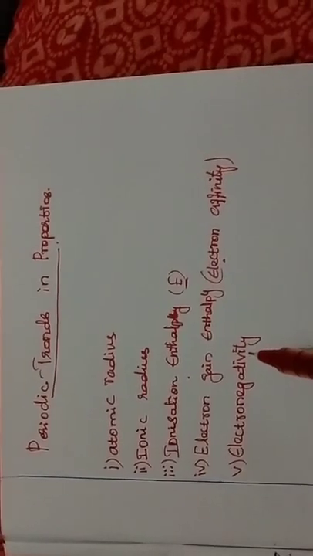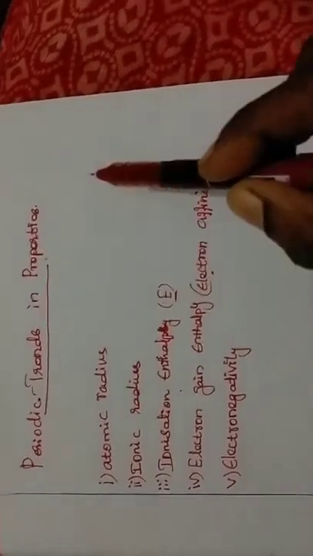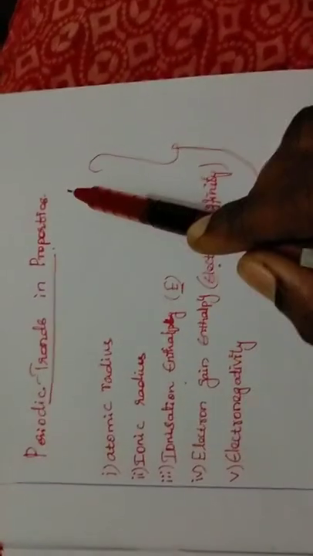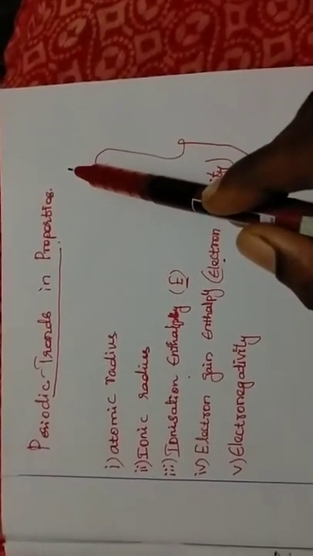What is electron gain enthalpy? Electron affinity. So the another name of electron gain enthalpy is electron affinity. And fifth one is electronegativity. We are going to discuss briefly about these 5 periodic trends in the modern periodic table.